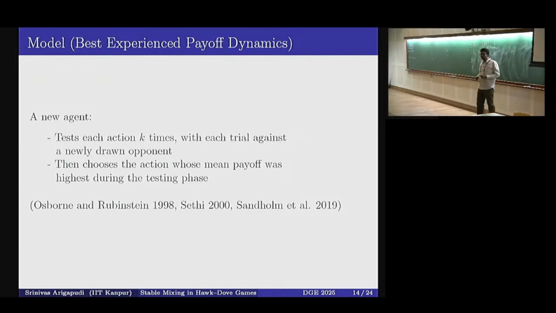Now the assumption is that the new agent does not know the true population state, and also does not know the payoff matrix, the underlying game. All the agent knows is the set of available actions. So the agent tries each of the actions k times, a few times, and then chooses the action which has given him or her the highest payoff during the testing phase.